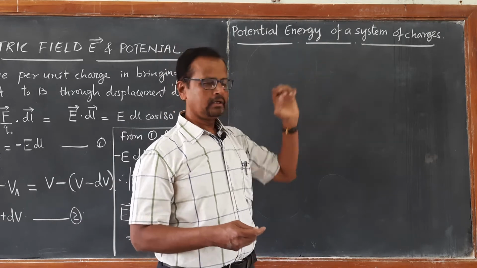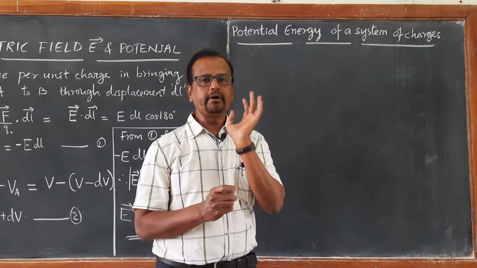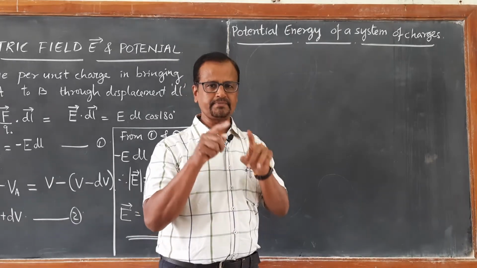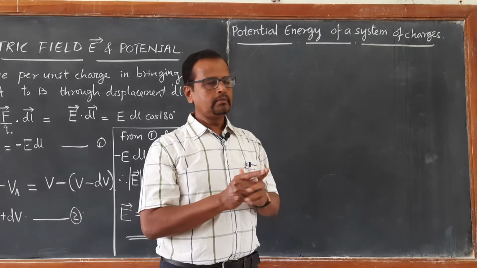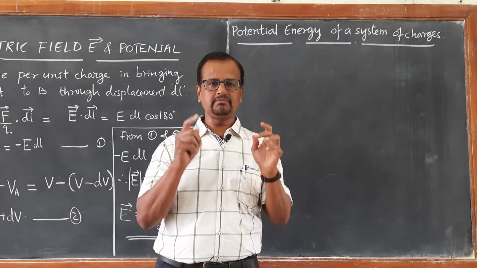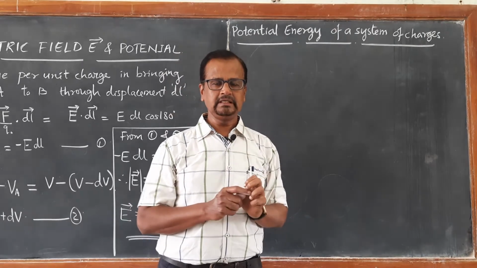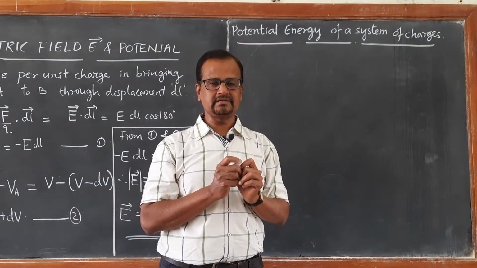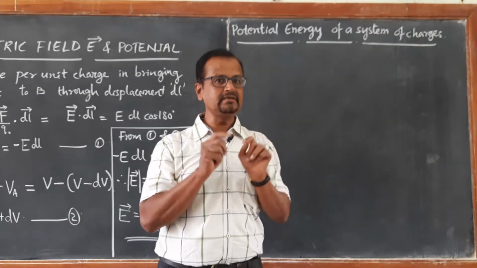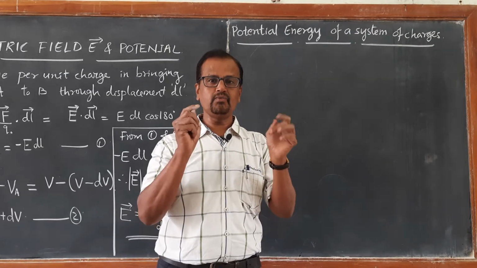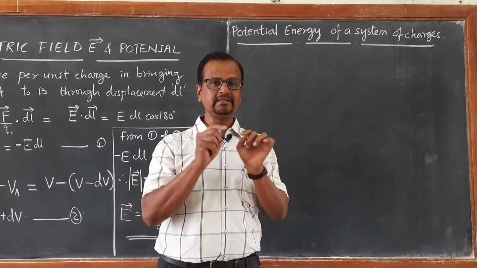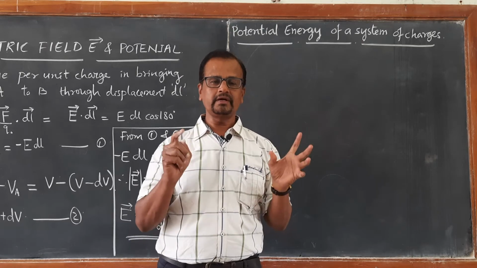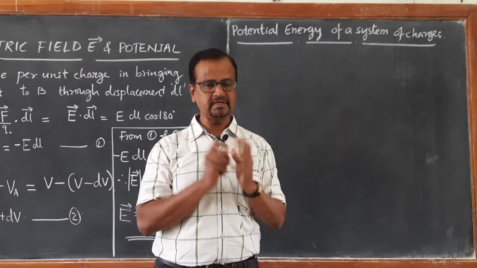We would like to assemble 3 point charges in a particular order at a particular distance of separation between them. So potential energy of that system of 3 point charges is the amount of work done in assembling these charges at their fixed locations. How much work is required to assemble these 3 point charges in this space is called potential energy of system of charges.